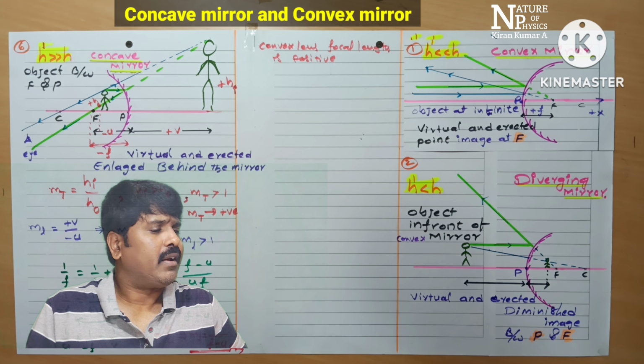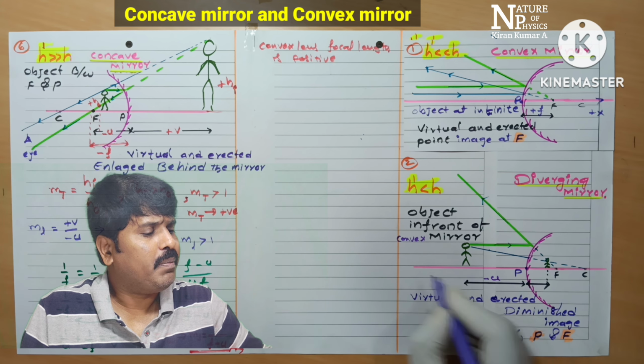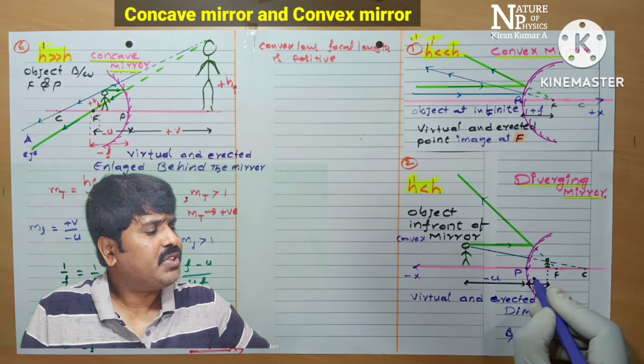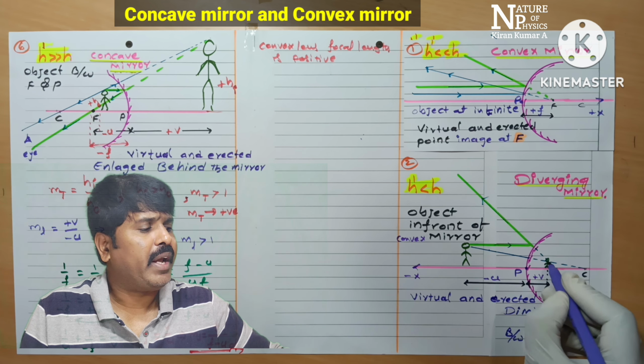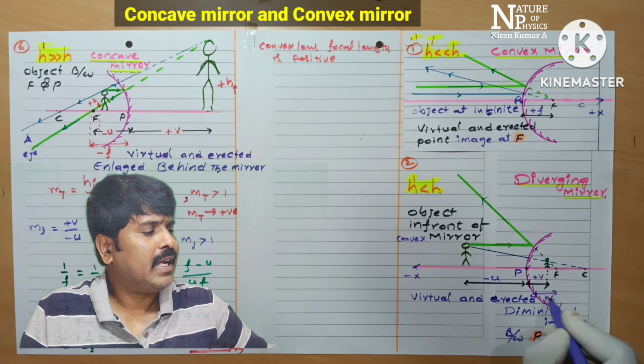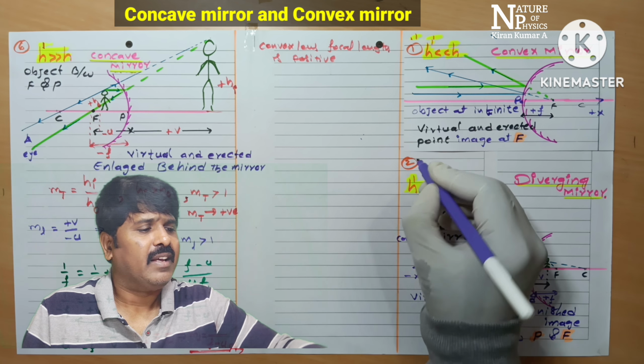Convex mirror. Okay, so this object distance is taken as negative because it is along the negative x-axis, and this image distance is taken as positive. Student, the focal length is also positive, plus f. See there, I am considering the derivation for this second case.